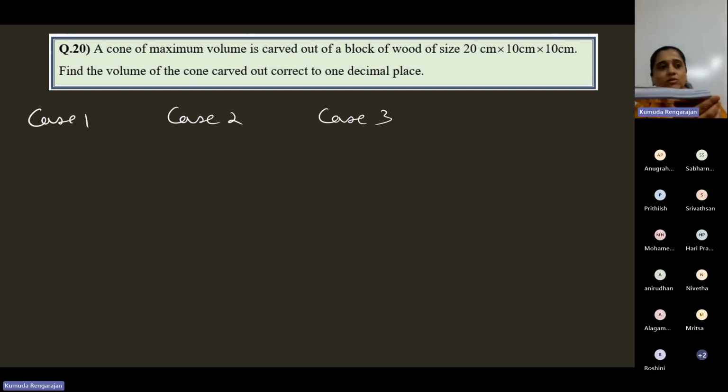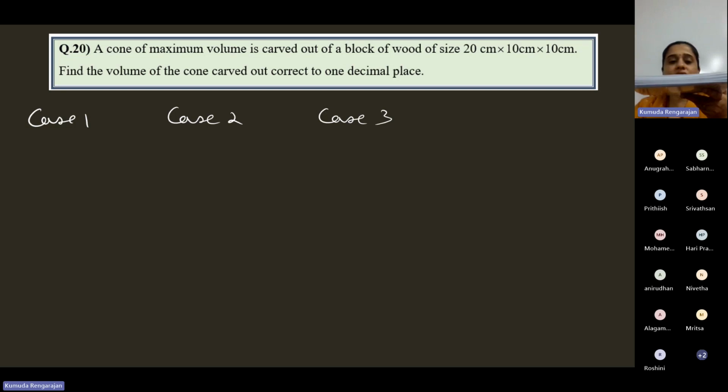What are the dimensions of the bottom? 20 by 10. Where is the apex of the cone? Here. The apex can be here also, both are the same. That will not change. Apex can be here and the base here, or the apex here and the base here. That's okay.